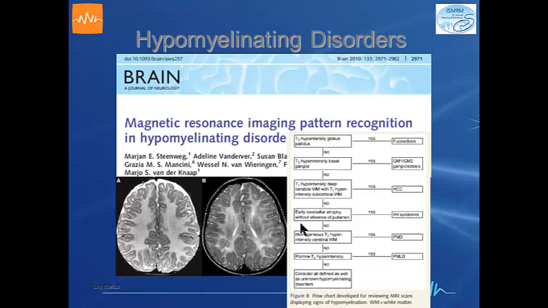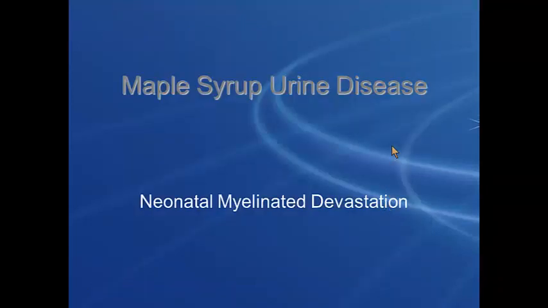And again, as I've mentioned, people try to impose order on the chaos, and they have gone through a flow chart of what you can expect from looking at hypointensity on T2, yes or no, and then if that's a no, you move on to talking about what's happening in the basal ganglion, and so on, and rule in or rule out all the different types of hypomyelinating disorders, including GM1, GM2, and Pelizaeus-Merzbacher disease, and some of the rarer and more exotic variants.